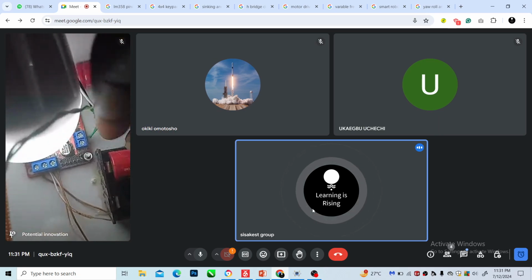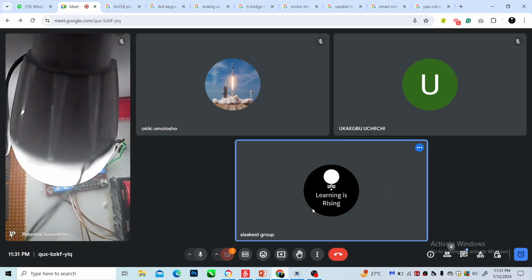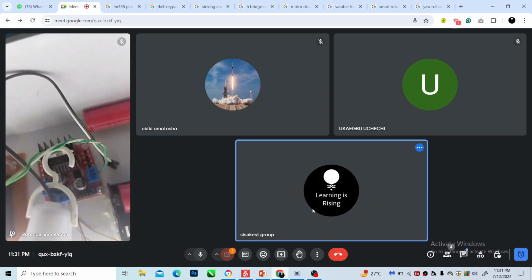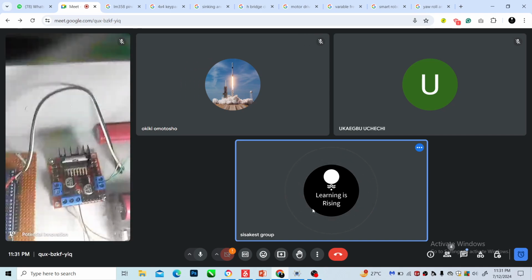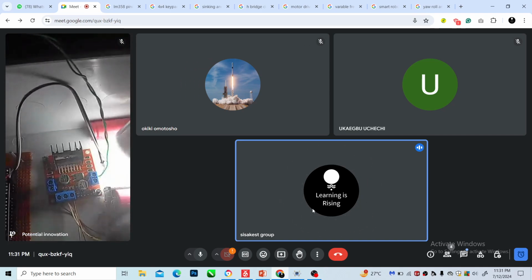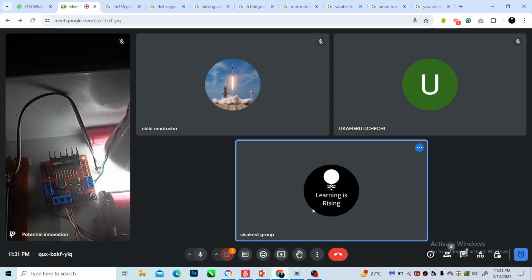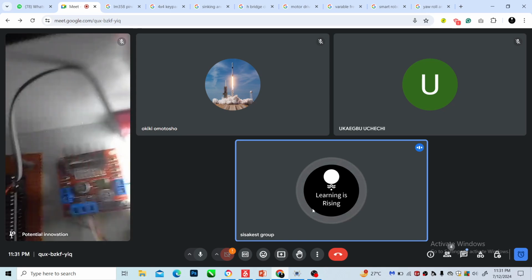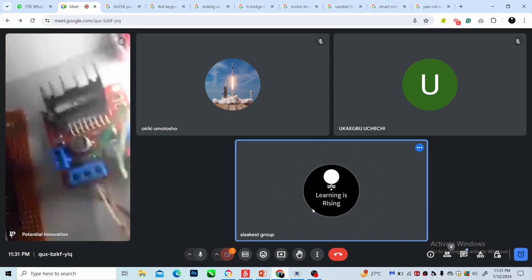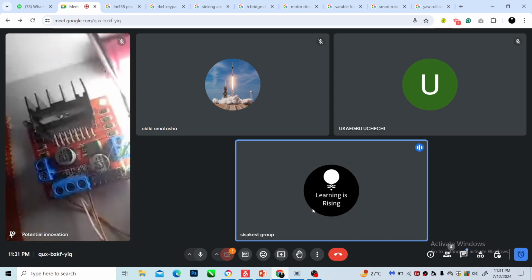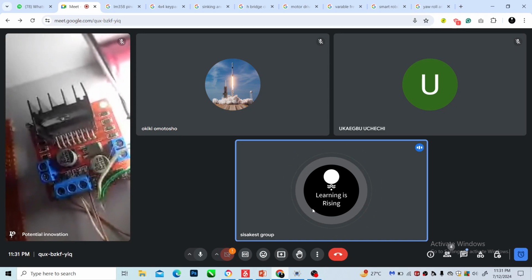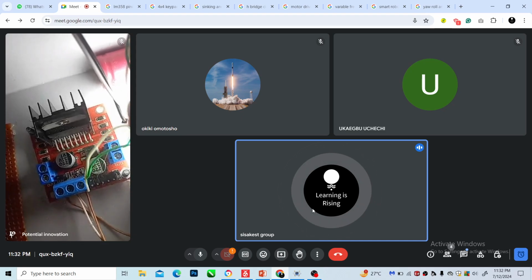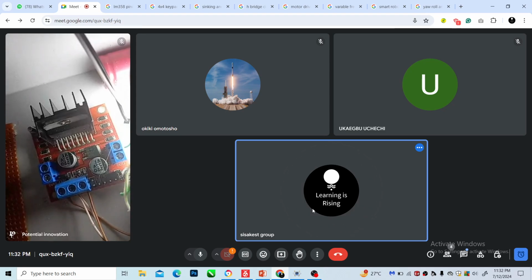This is the jumper I'm talking about. This jumper connects one enable to 5 volts, because there's a 5 volts here. I've removed this one, but the other enable I have not removed.